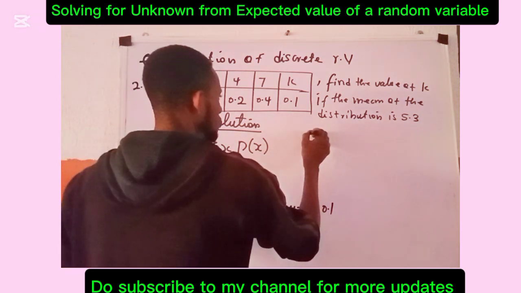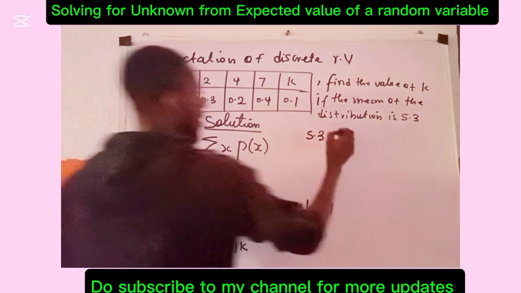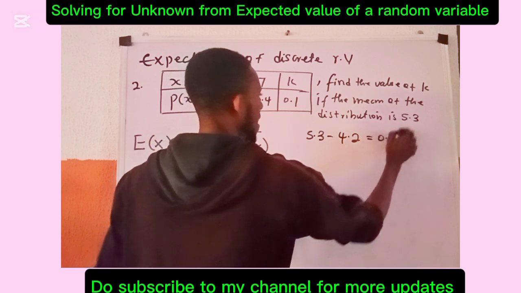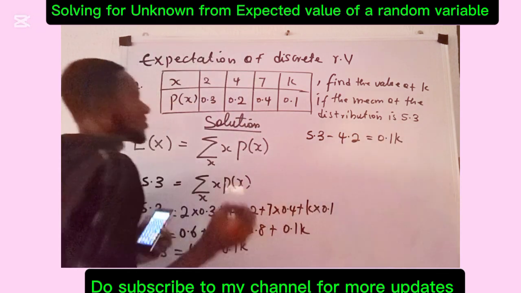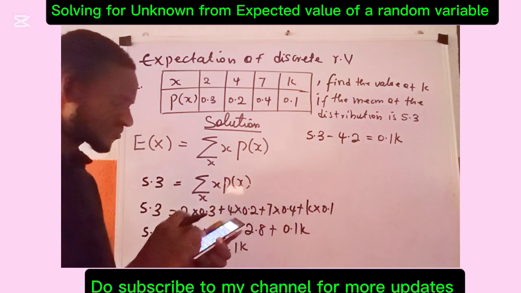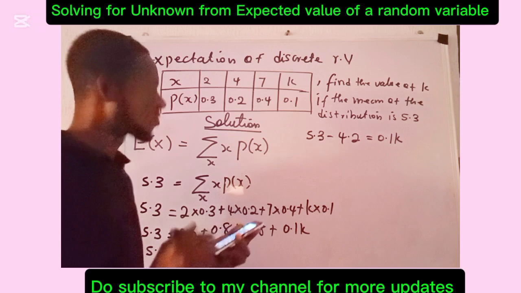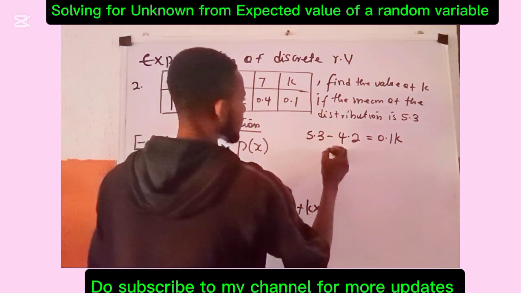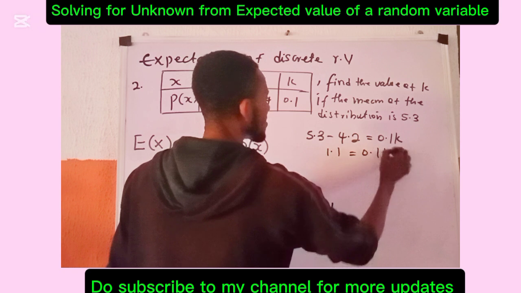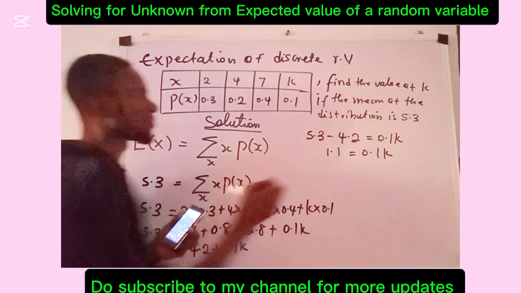So this thing becomes 5.3 minus 4.2 equals 0.1k. 5.3 minus 4.2 will give us 1.1. So we have 1.1 equals 0.1k. To make k stand alone, we divide both sides by 0.1.